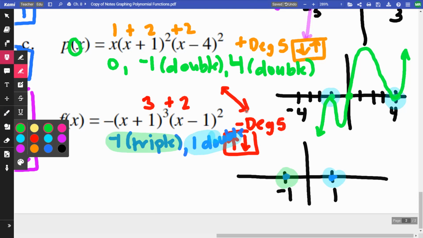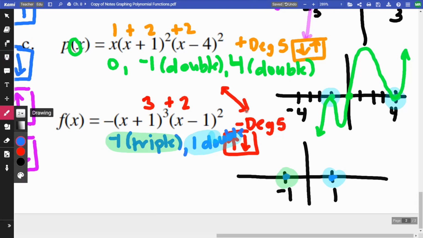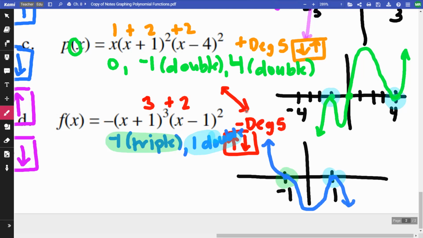And this is going to be starting above. So as it comes above, this being the triple, it's going to be coming again like an open up parabola until it gets to there. And then it changes to almost like half of an open down parabola. And then it's going to come here to this. And this root is a double, so it's going to bounce back like a parabola. And that's your graph.